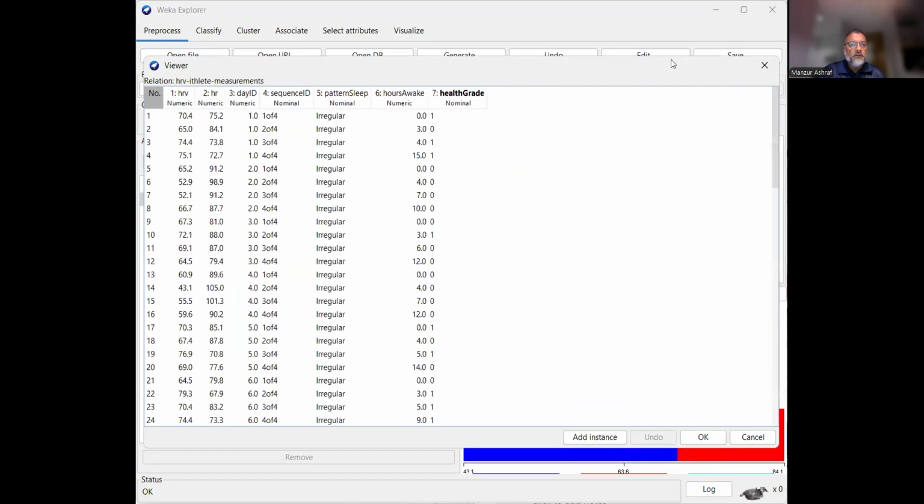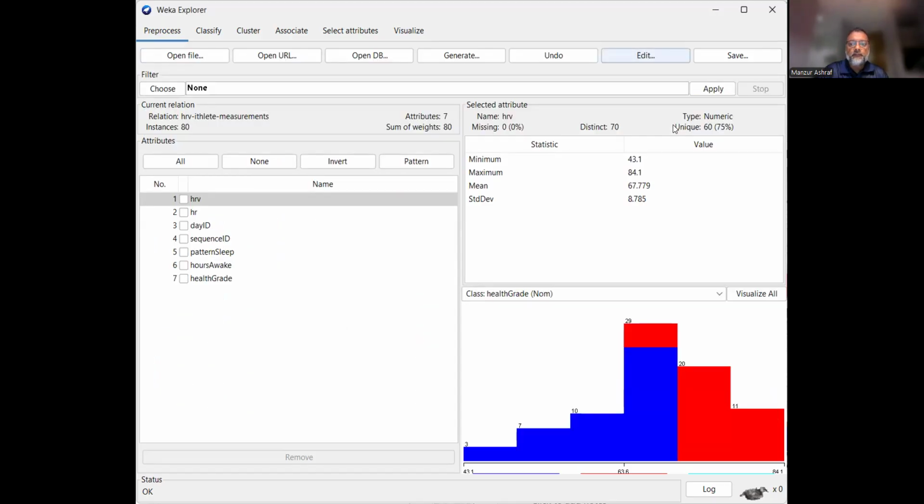Now, if you look at it, for different patients, this is the kind of health grade, right? Health grade. So there are two types, 1 and 0. Therefore, we can say that this is a classification problem.